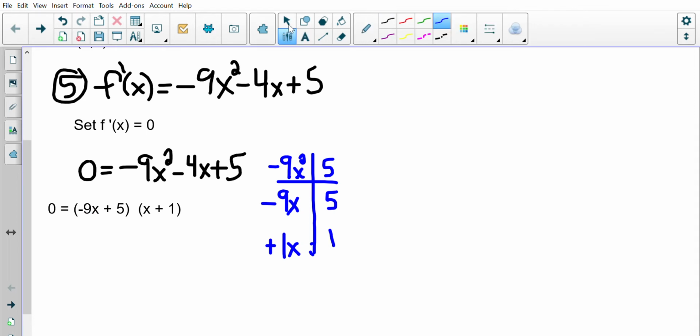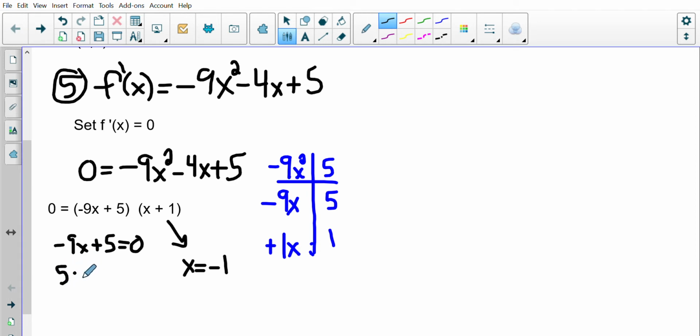All right, so I want to solve each piece, find out when they will be 0. This one's easy. x equals negative 1. It's one of our critical numbers. All right, and then this other critical number, I'm going to have minus 9x plus 5 equals 0. I guess I'll move the negative 9x to the other side.